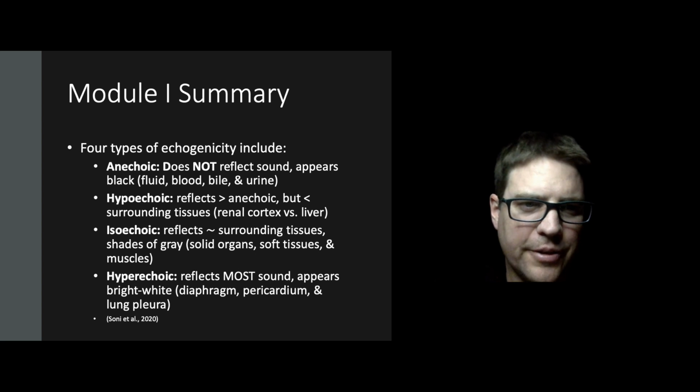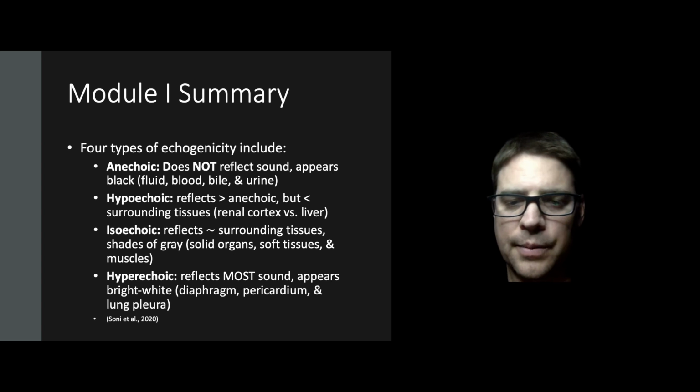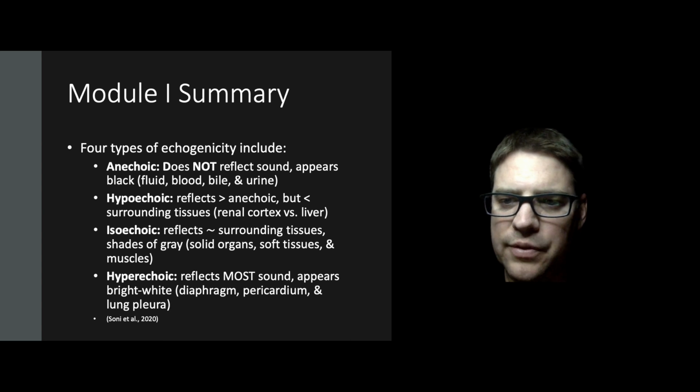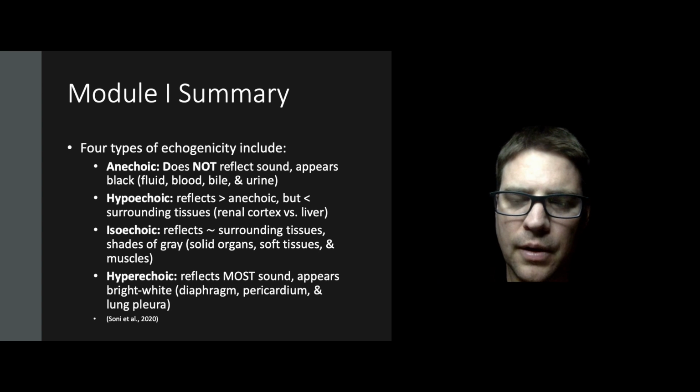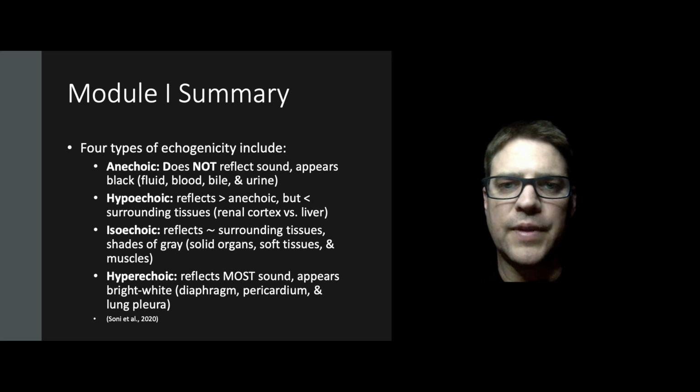The 4 types of echogenicity are anechoic, hypoechoic, isoechoic, and hyperechoic. Anechoic tissues do not reflect sound and appear black on POCUS. These tissues include fluid, blood, bile, and urine. Hypoechoic tissues reflect more sound waves than anechoic, but fewer than surrounding tissues, and we use the renal cortex versus the liver as our example.